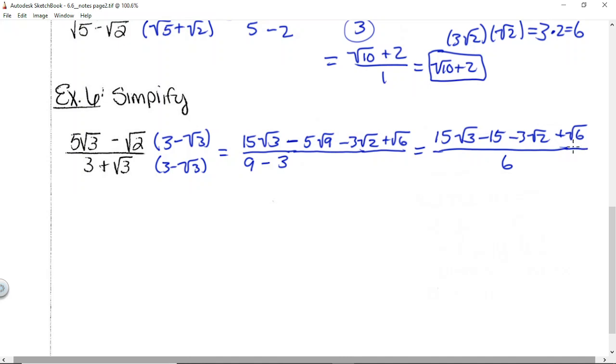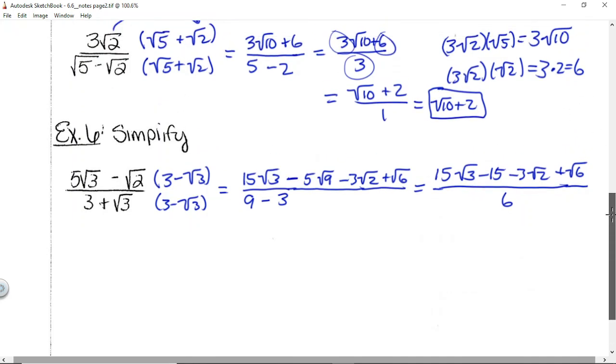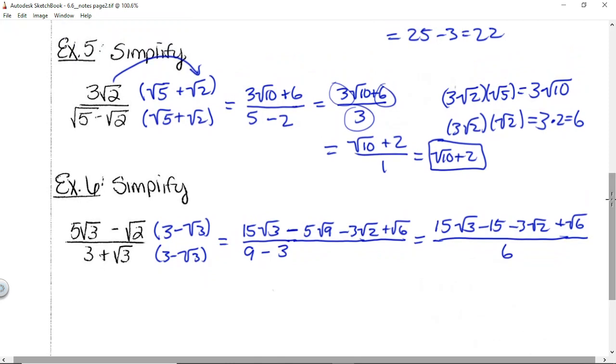Okay, so we look at each of those terms and make sure they're simplified. First of all, they are. None of those radicals can be simplified to get anything that's going to factor out. There is one other thing we have to check for, though. Remember in the one above, we did have a common factor for all three of those numbers.